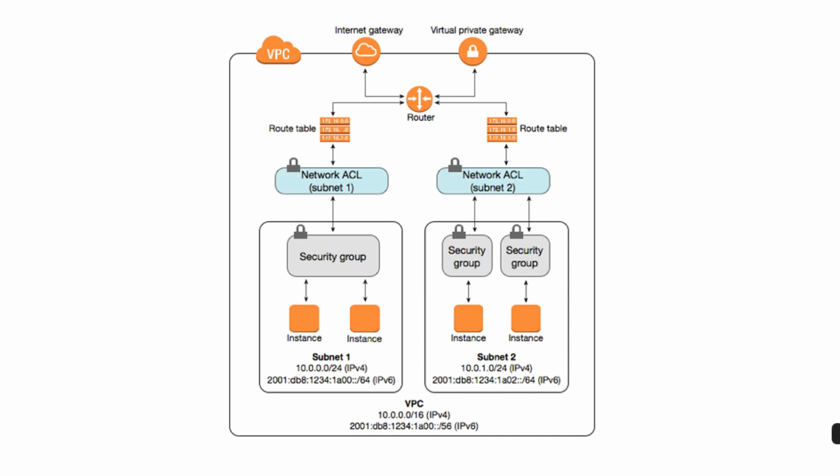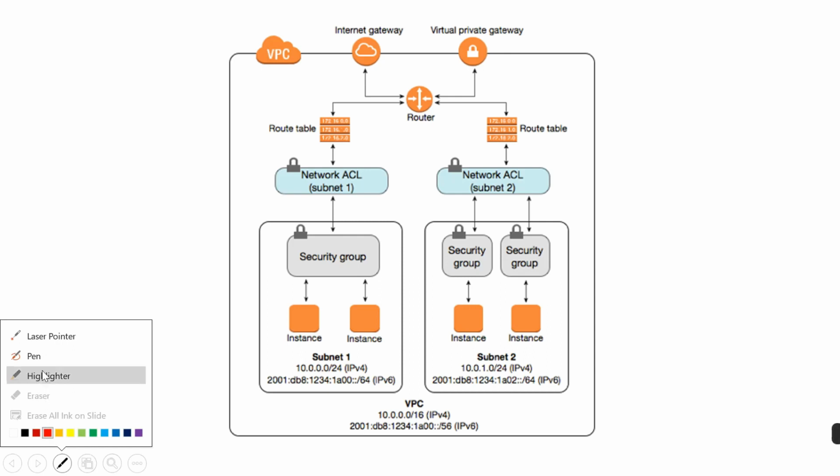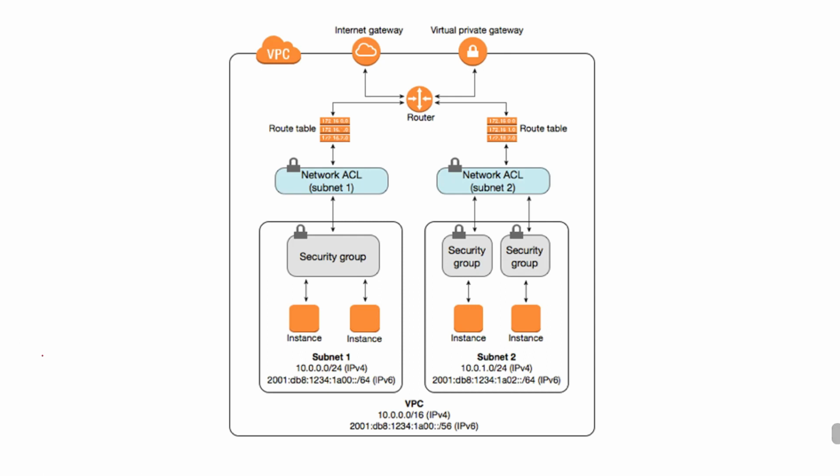You can see here this is our VPC architecture, and this is the instance. Above the instance the security group is present. So we can say the security group is the instance level security, we use the security group at the instance level.